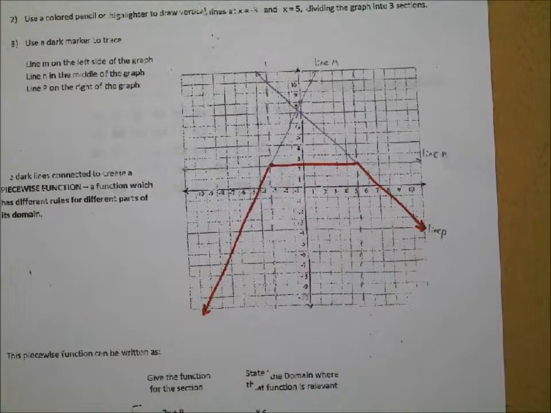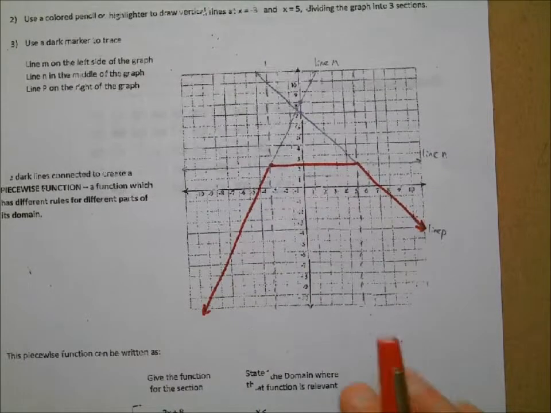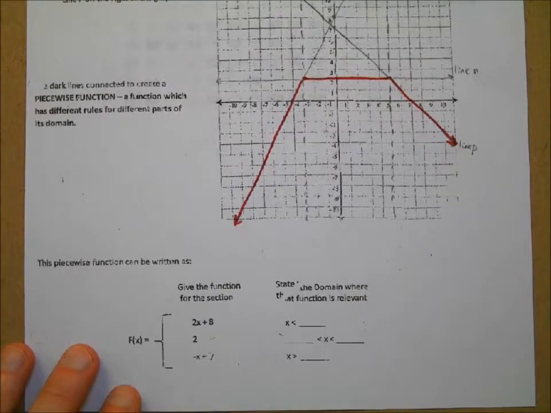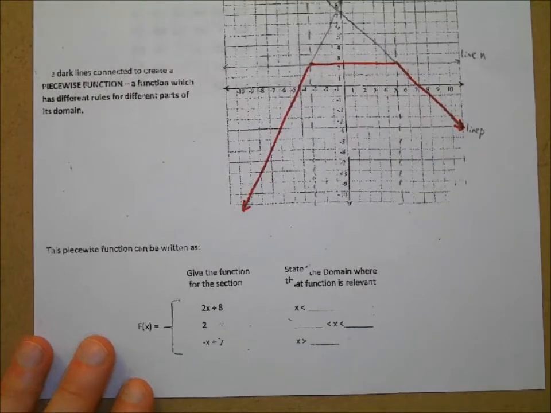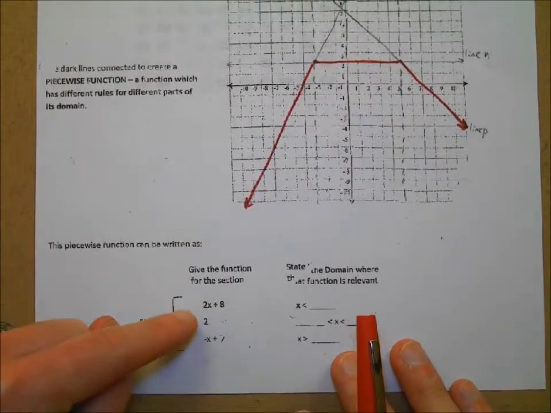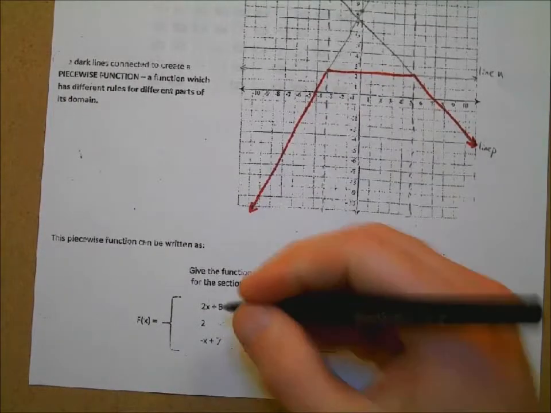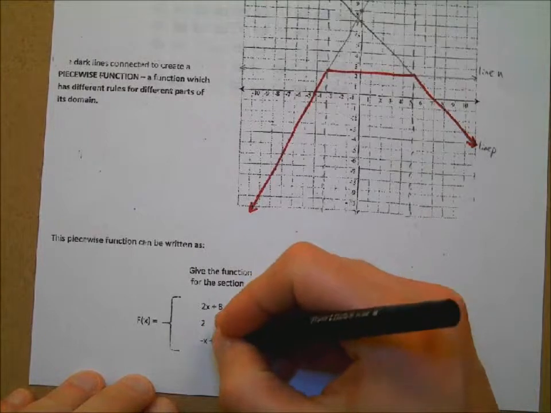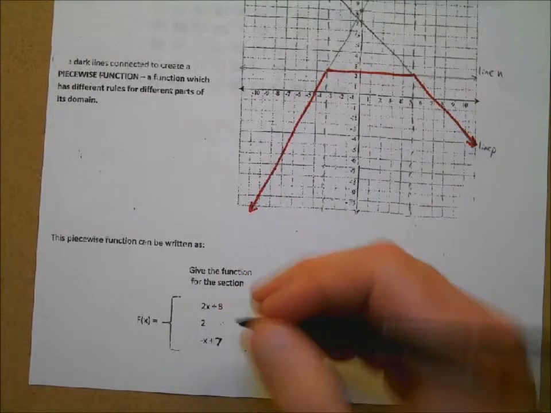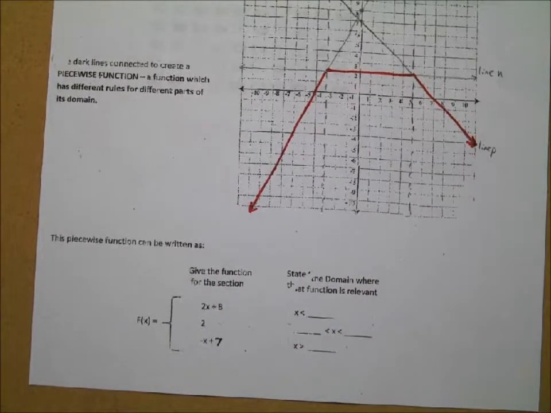So let's think about how we would write this. If you go down to the very bottom of our paper here, okay, you'll see the three parts, the three pieces, right? So we've got the 2x plus 8, the 2, and then the negative x plus 7. Okay.